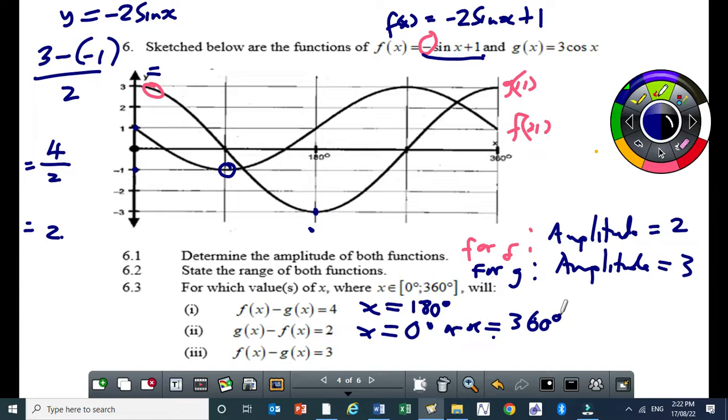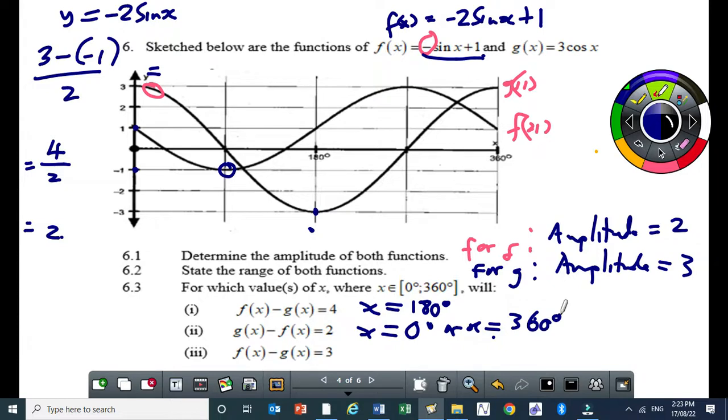Then f of x minus g of x equal to 3. Remember, to get a 3, f can be 2 and g can be minus 1. We have a case like that, where f is 2 and then g is 1? We don't have a case like that. Or you can have f being 1 and g being negative 2. We have that.